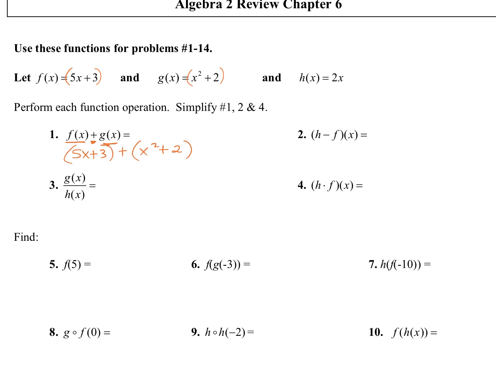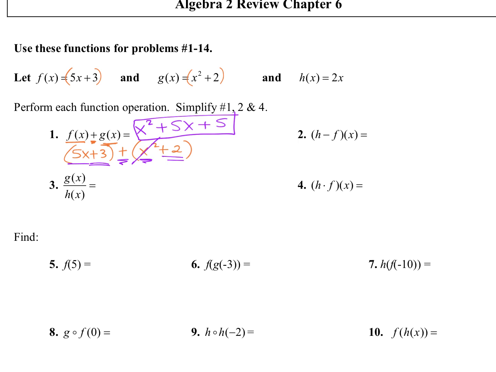We always want standard form, x squared. We're going to take the x squared, and that's going to go first, okay? So we use that. Then what? 5x. Plus 5x. Going to go right there. Then what? Plus 5. You have a positive 3 and a positive 2, and we are adding them together, plus 5. So that is f of x plus g of x, okay?